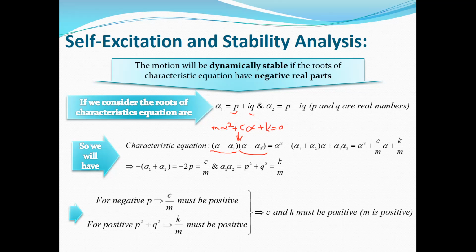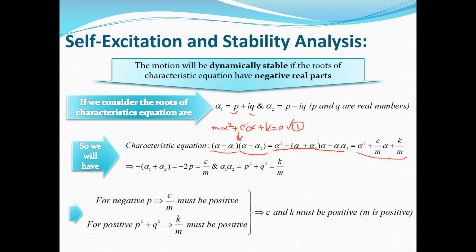Now we can expand this equation and collect for alpha. So we will have alpha squared minus alpha 1 plus alpha 2 times alpha plus alpha 1 times alpha 2. If we compare this equation with the characteristic equation in the initial form, the first equation, we call it equation 1.